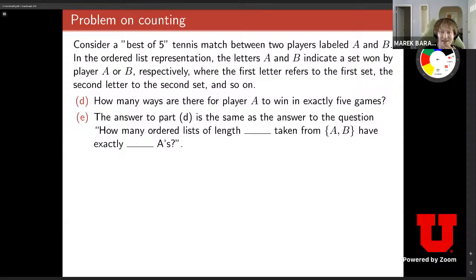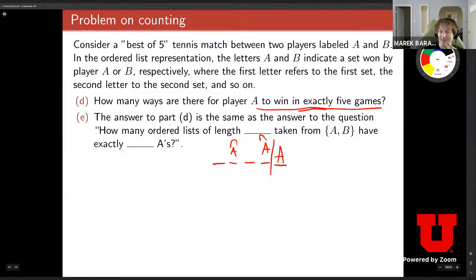This one is largely the same problem. So A wins in exactly 5 games, so it looks the same, except we have 4 slots here before the final A. So we're putting like an A here and here. We know that A can't have won in 4 games, so there can only be 2 A's right here, because A is now winning on the 5th game.